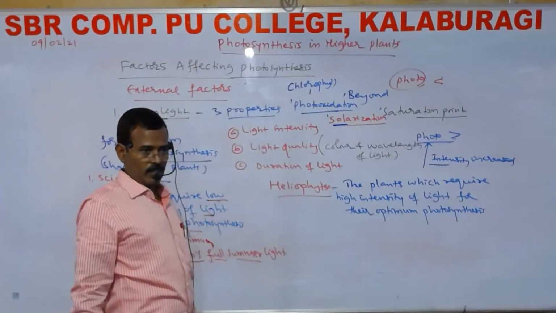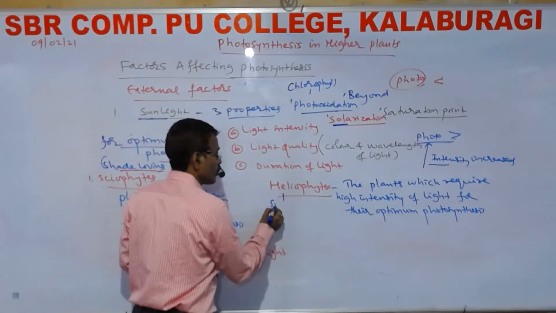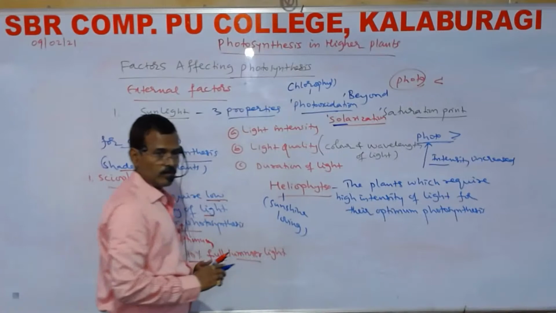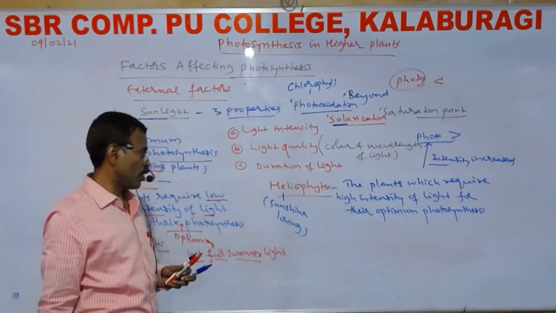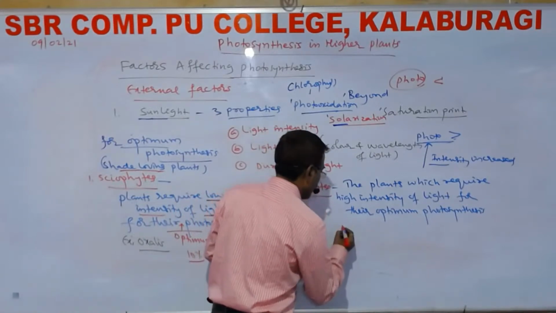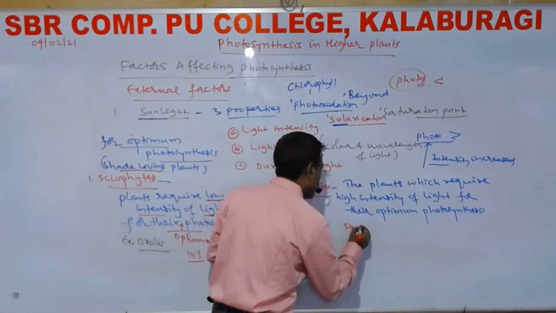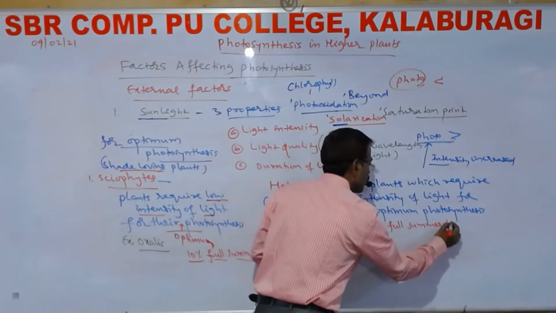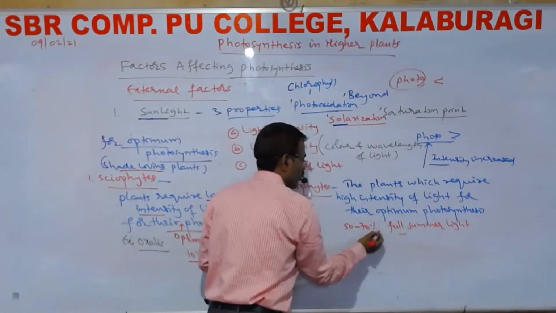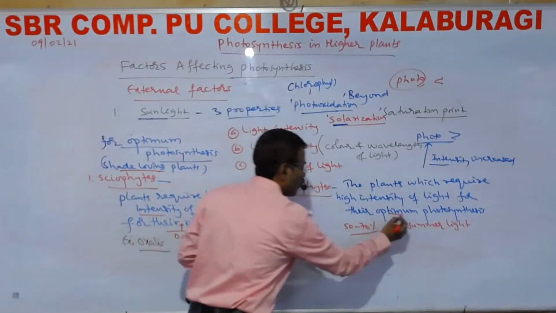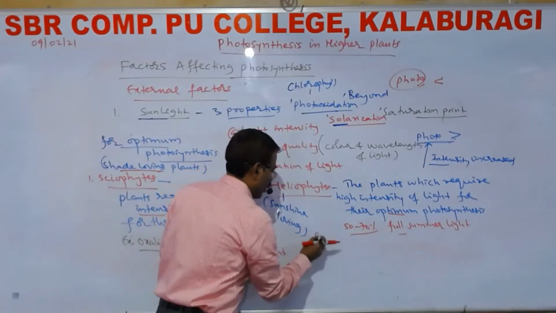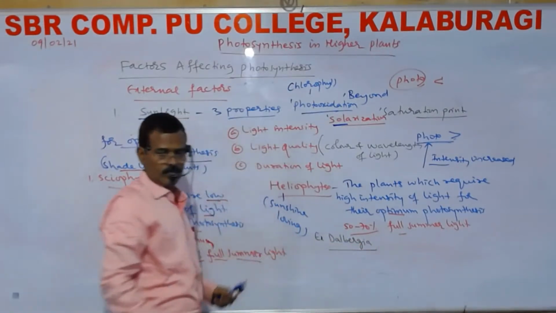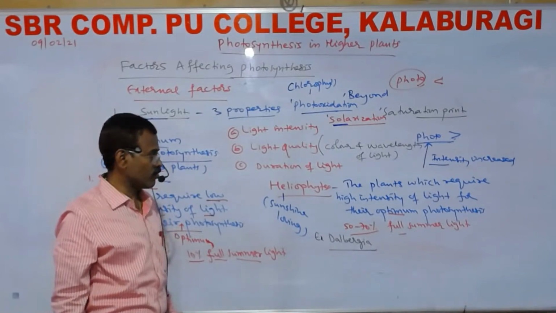They are sunshine loving. These heliophytes need 50 to 70% of full summer light for performing optimum photosynthesis. An example is the plant Dalbergia.